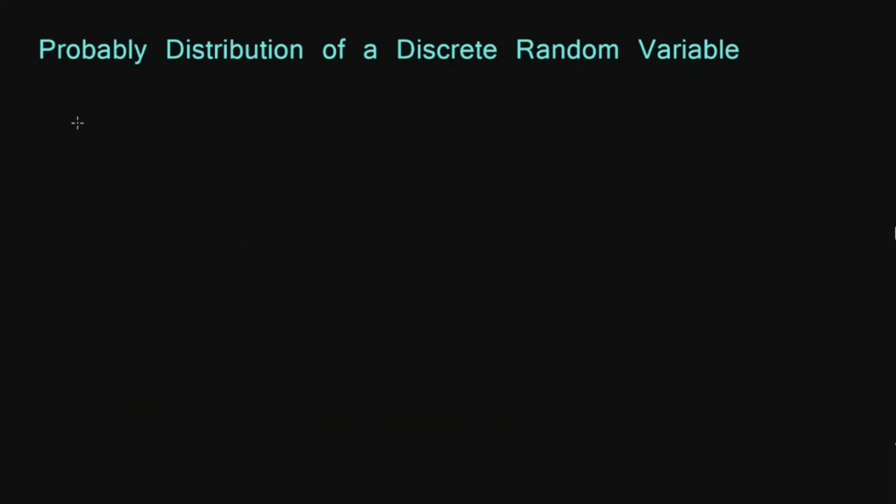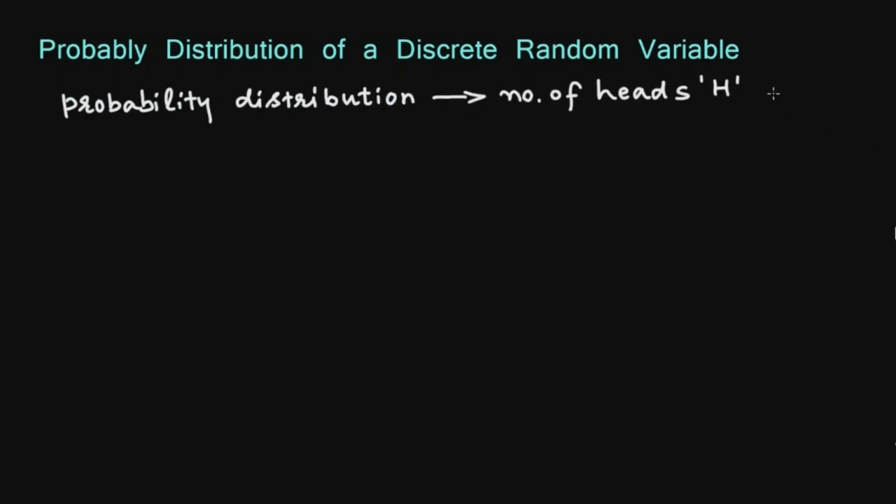In the first example, we will find probability distribution of number of heads H, which is the random variable X, obtained when a fair coin is tossed 3 times, or 3 coins are tossed once simultaneously.